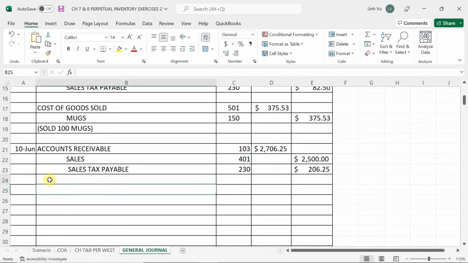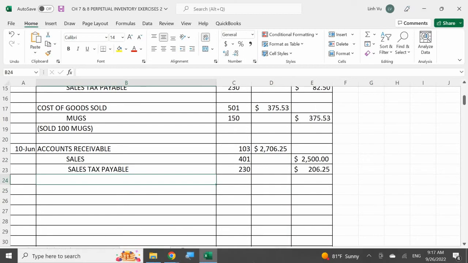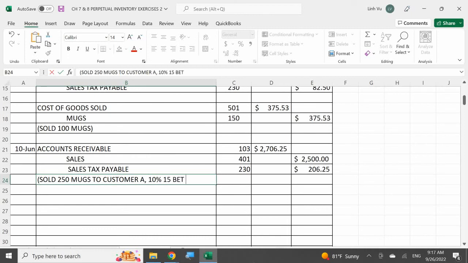Now you can go ahead and make a note here that you sold 250 mugs to customer A, and you gave customer A 10% discount if they pay within 15 days. If not, their bill is due in 30. Okay, so you set up a condition to them if they pay.